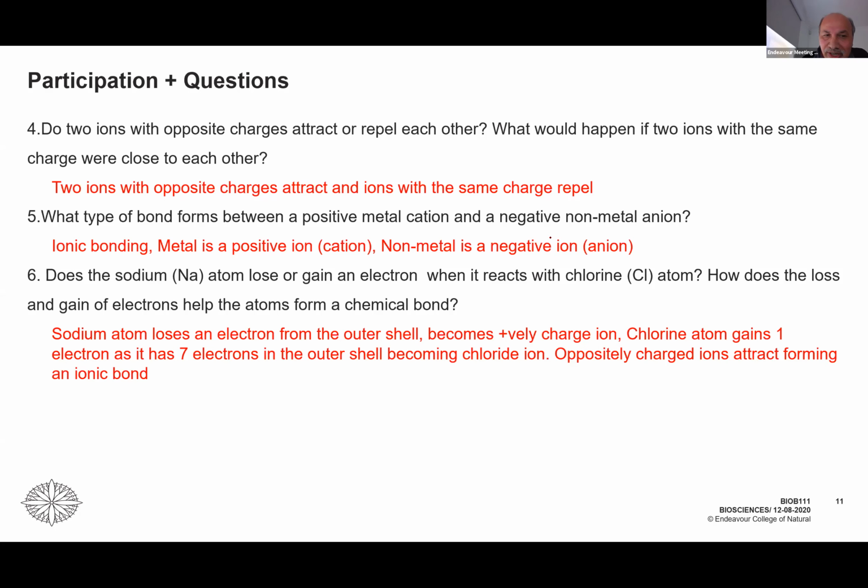Sodium atom loses an electron from the outer shell and becomes a positively charged ion. Chlorine atom gains one electron as it has 7 electrons in the outer shell, and it becomes a chloride ion. Oppositely charged ions attract, forming an ionic bond. Okay. So that's it. Now again, question time.